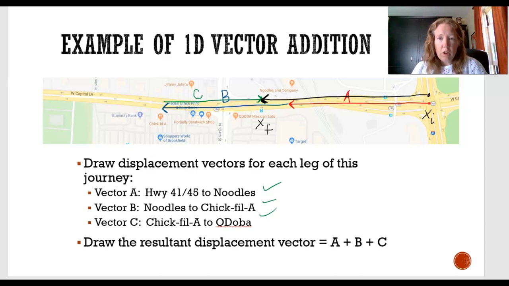And this is the overall one, the black vector. So then I could do this as A plus B plus C, okay? Or I could say it is delta X, which equals the final position minus the initial position.